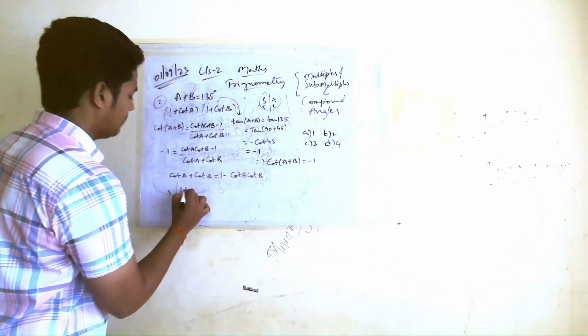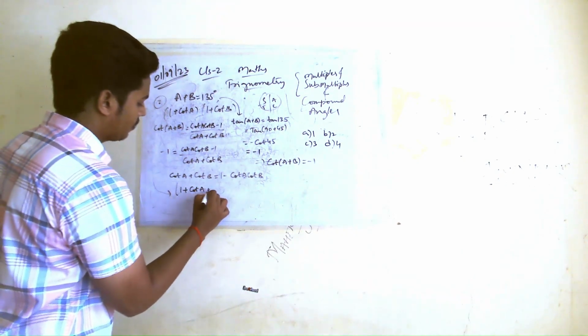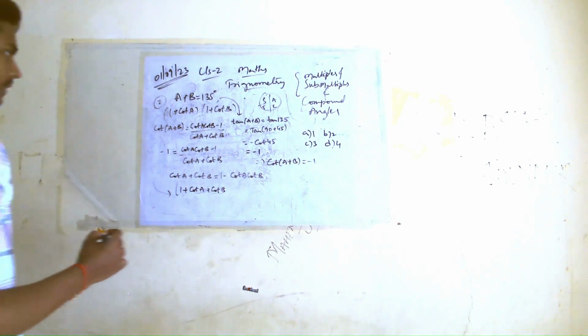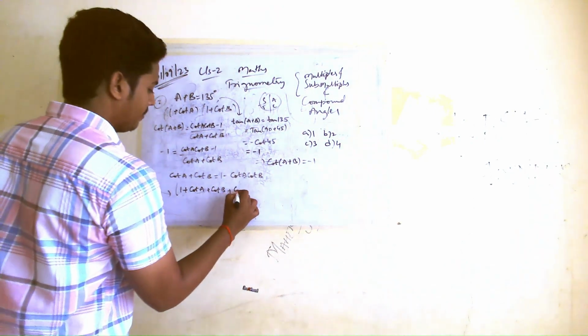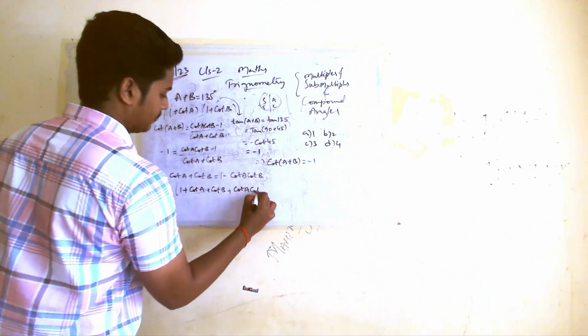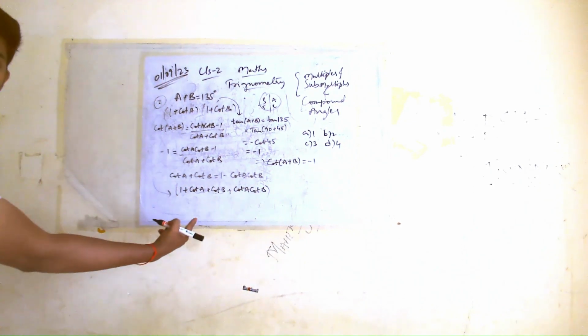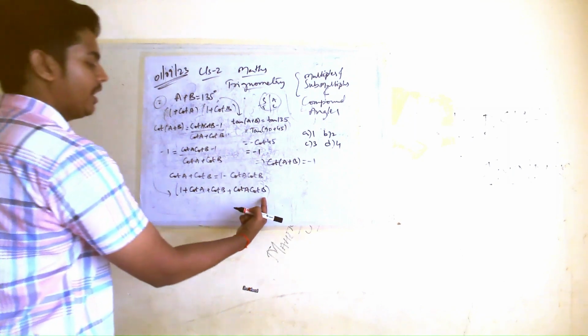That becomes 1 plus cot A plus cot B plus cot A cot B. Our question is this one: 1 plus cot A plus cot B plus cot A cot B.